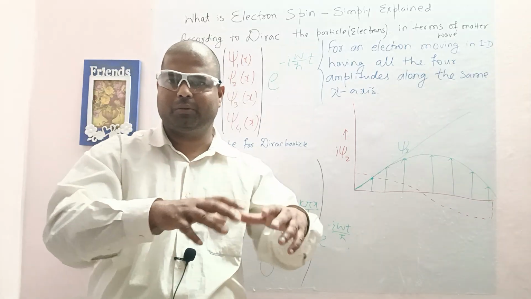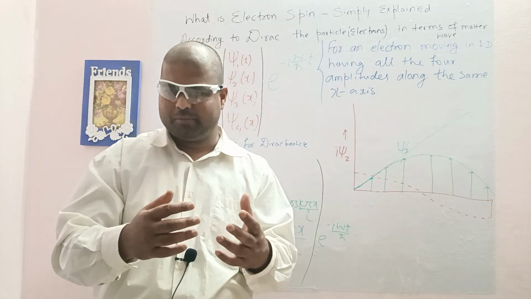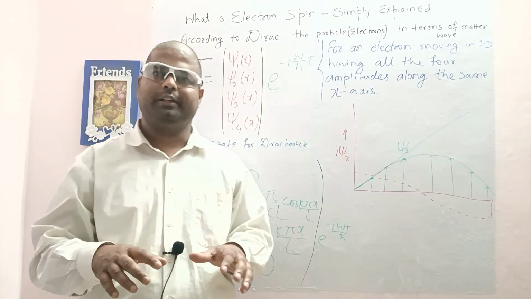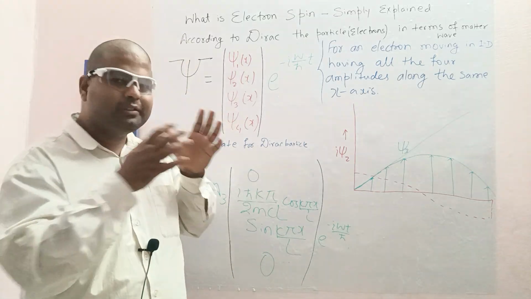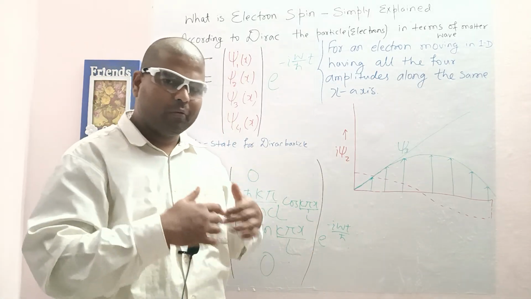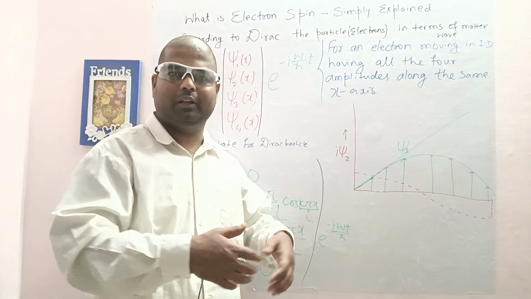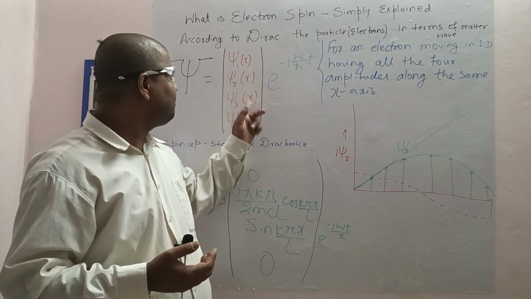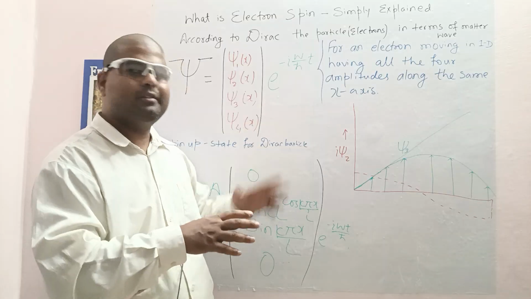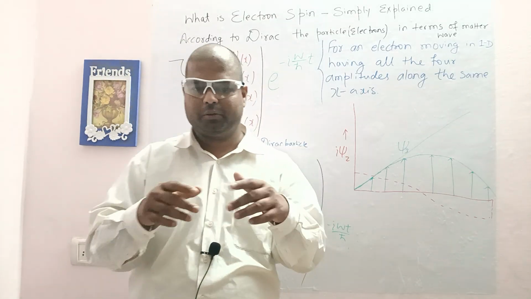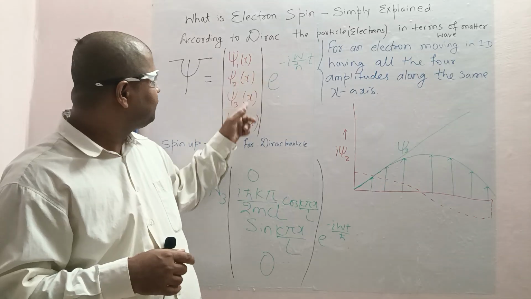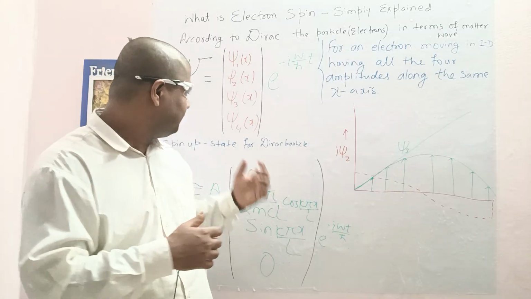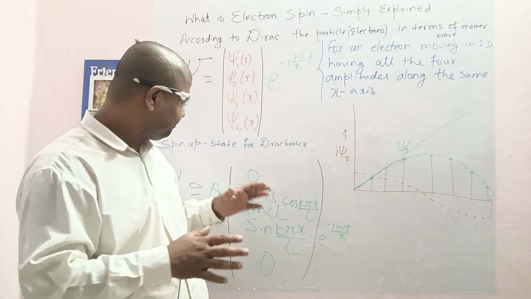When we think of the electron as a Dirac wave, a matter wave at relativistic energy level, we notice that it has four amplitudes, along the same direction, along 1D, while trying to represent a 1D electron with relativistic energy by Dirac. All these amplitudes are orthogonal to each other, means the dot product will give you zero, and any two are always zero to represent an electron in a state due to Dirac.